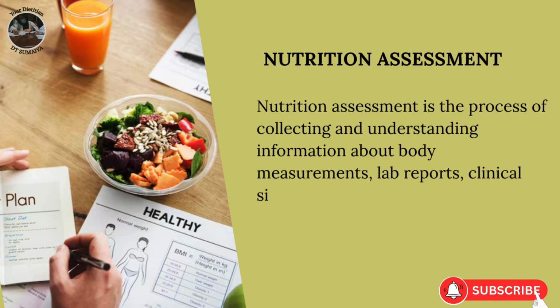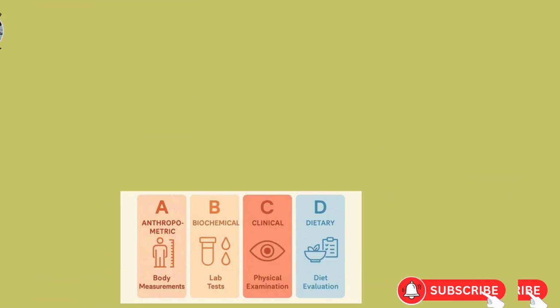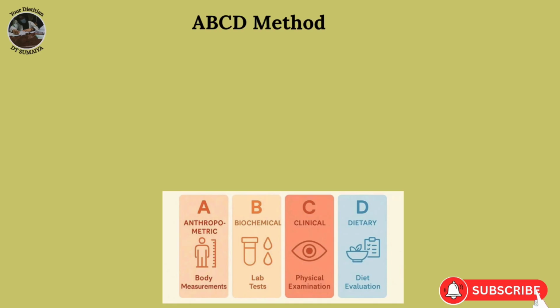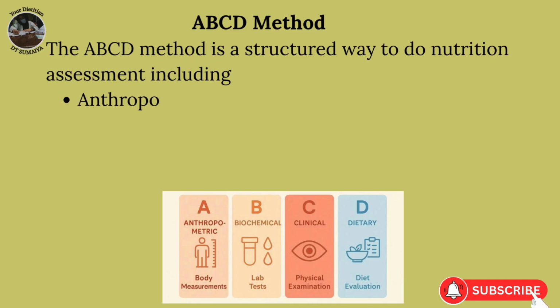So basically it helps us to understand what the body is going through, what the body needs and what problem the person is facing. To understand this, we use a method called the ABCD method. This method helps us clearly understand what the person is facing and any nutritional deficiencies.